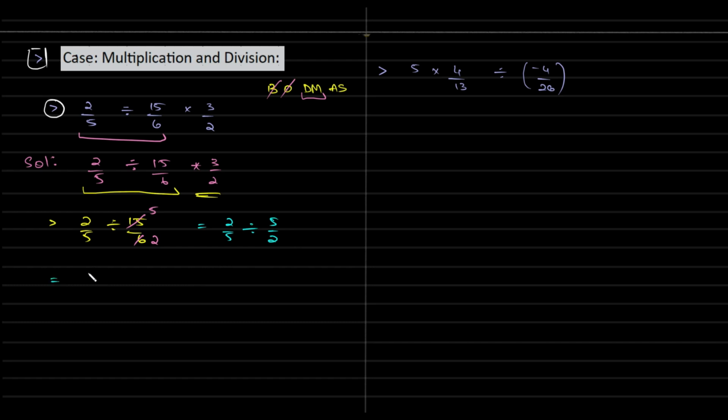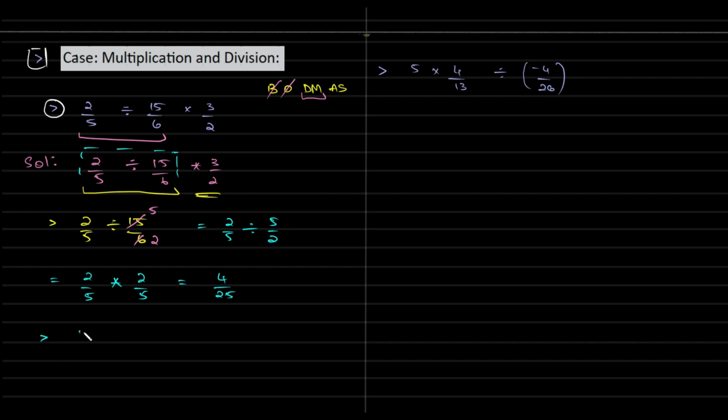So first, change it to multiplication and take the multiplicative inverse, and this will lead us to 4 by 25. Okay, so it feels like you're cancelling things over here. Please don't do that. So in place of this entire block of division, we are going to write 4 by 25.